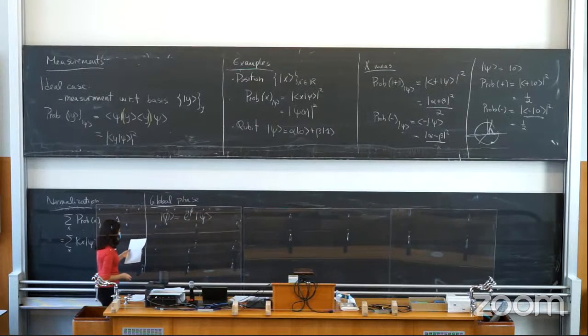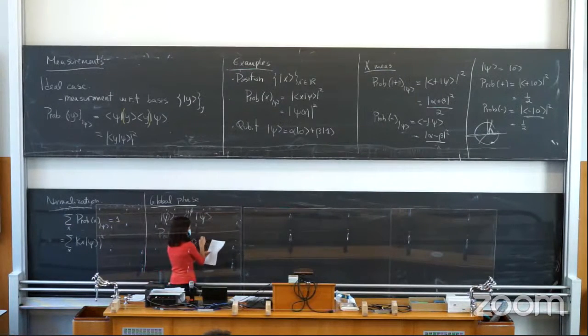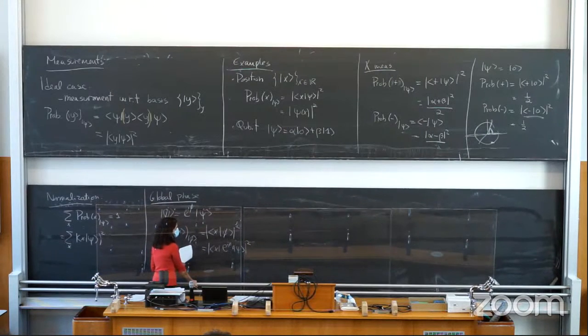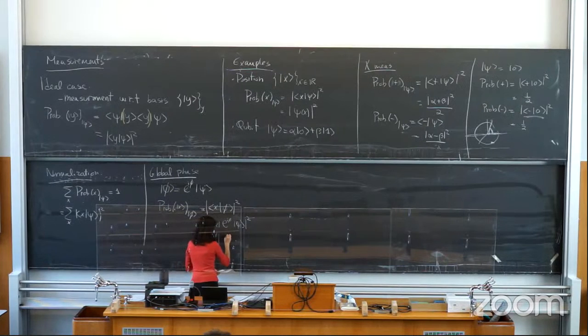Now let's ask how the probabilities change. The probability of getting some outcome x with psi prime is, again, the beauty of the absolute value: when I expand this, this is just some complex number, and now this complex number can come outside, times its conjugate.